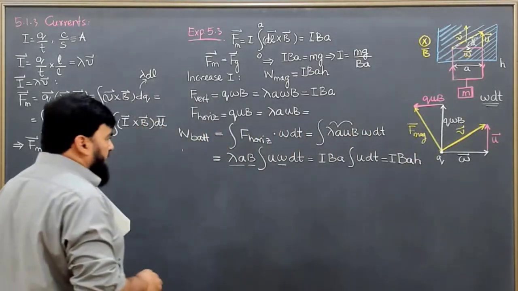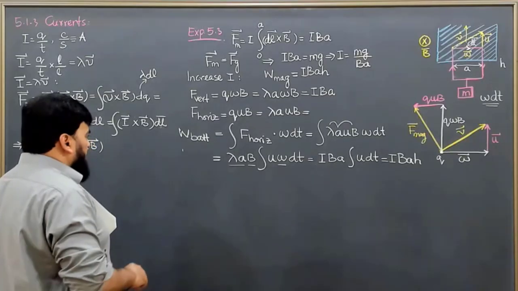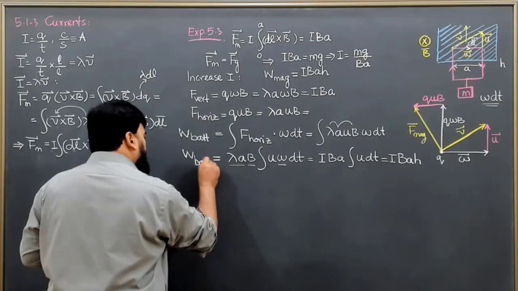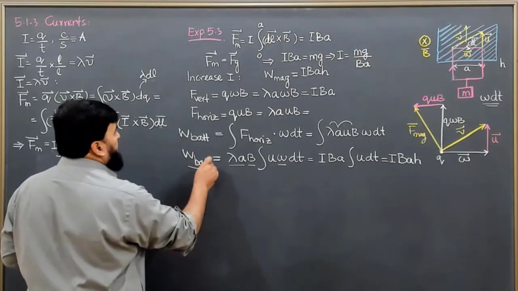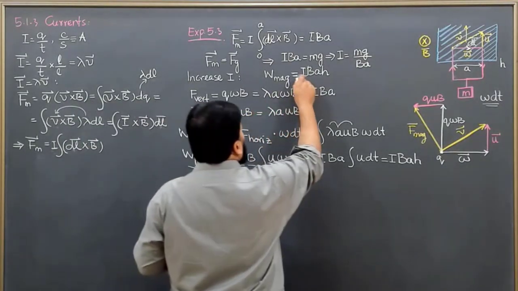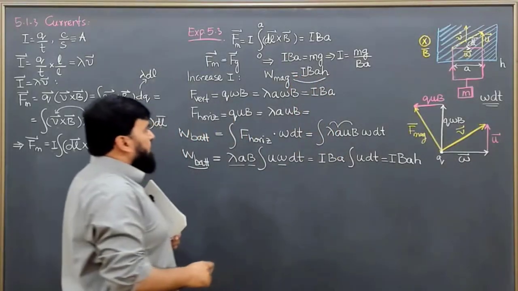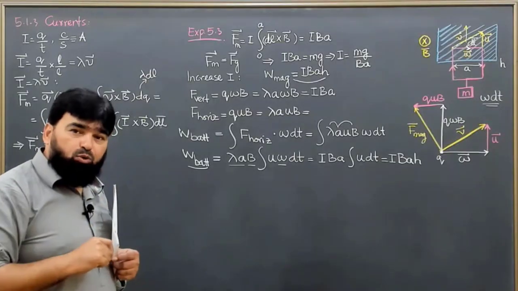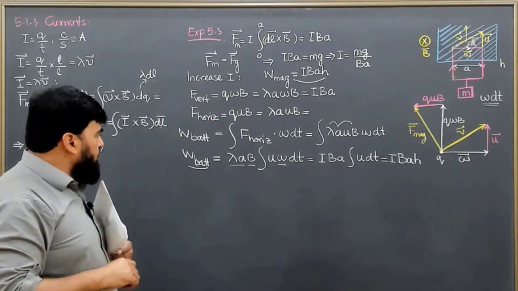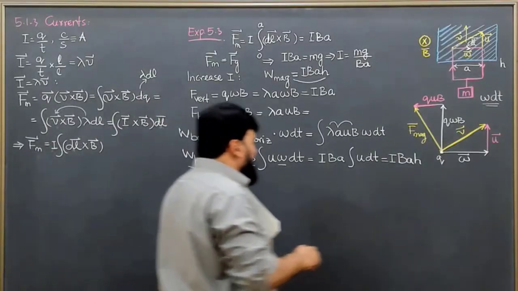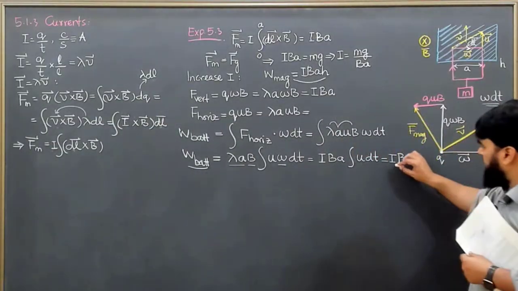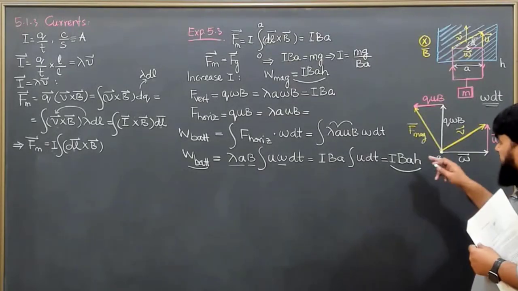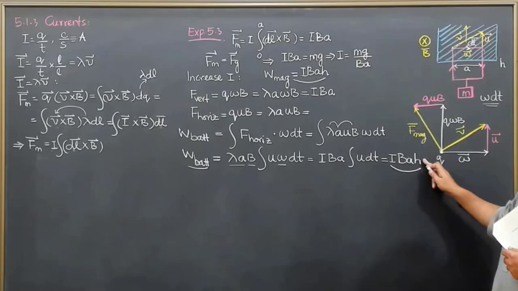And this IBaH is precisely the work done by the batteries, and precisely the work claimed to be done by the magnetic force. The magnetic force was claiming that it has done this much work, but we came to know that actually the work is done by the battery, not by the magnetic force, because exactly the same amount of work is done by the battery.